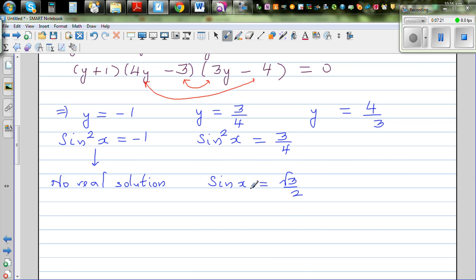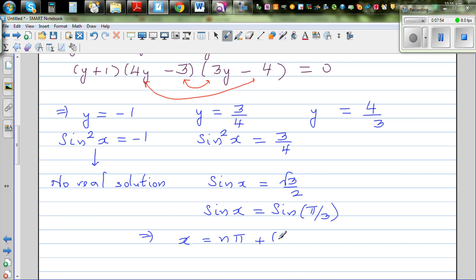So can we say sine of x is equal to sine pi/3, because sine 60 degrees is √3/2. So writing the general solution, x is equal to n pi plus minus 1 raised to n times pi/3.